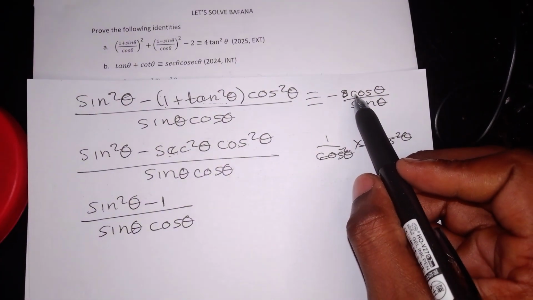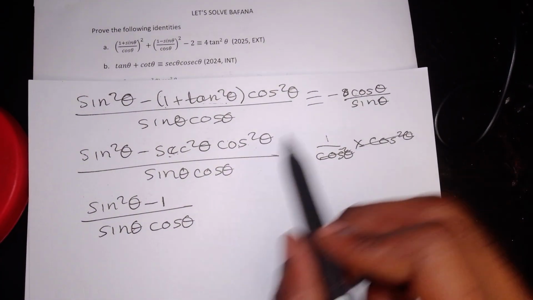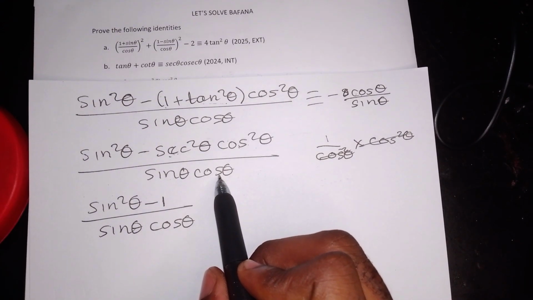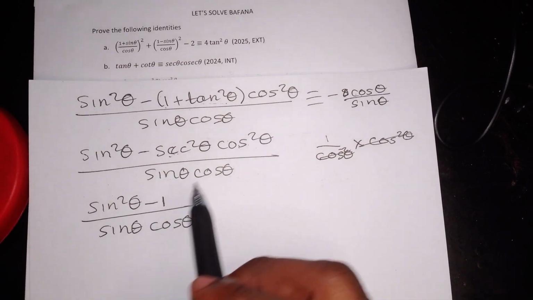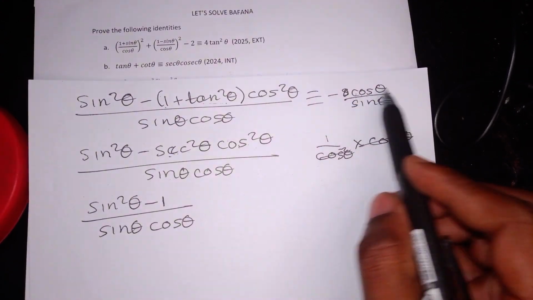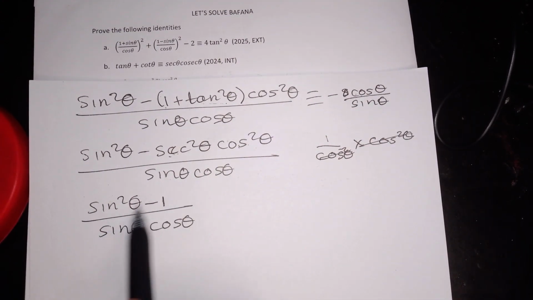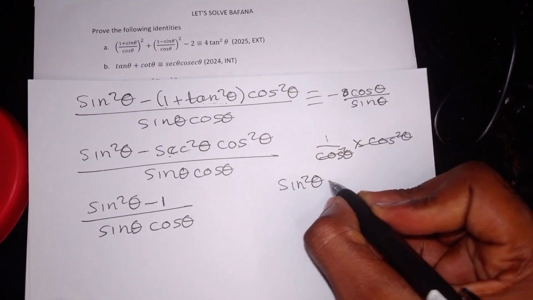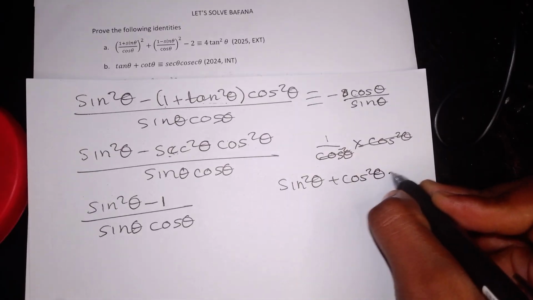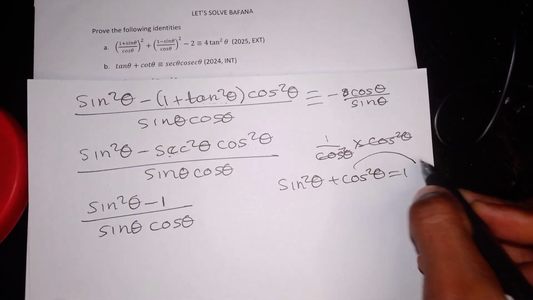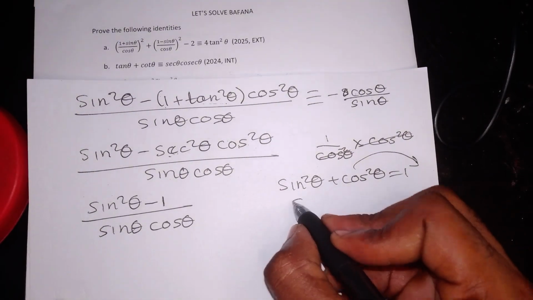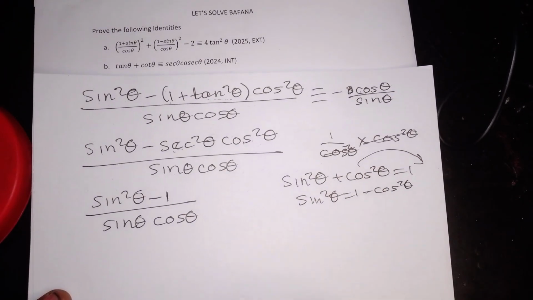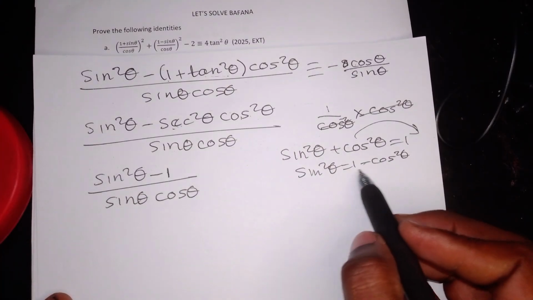So you want cos on the numerator. You already have a sine here, so don't tamper with it. Just aim to get rid of this. So what you do here is you can change the numerator so that you have a cosine. Remember, from this identity, sine squared theta plus cos squared theta is equal to 1. When you take your cosine to the other side, your sine squared theta will simply be 1 minus cos squared theta. So I can replace this with this.